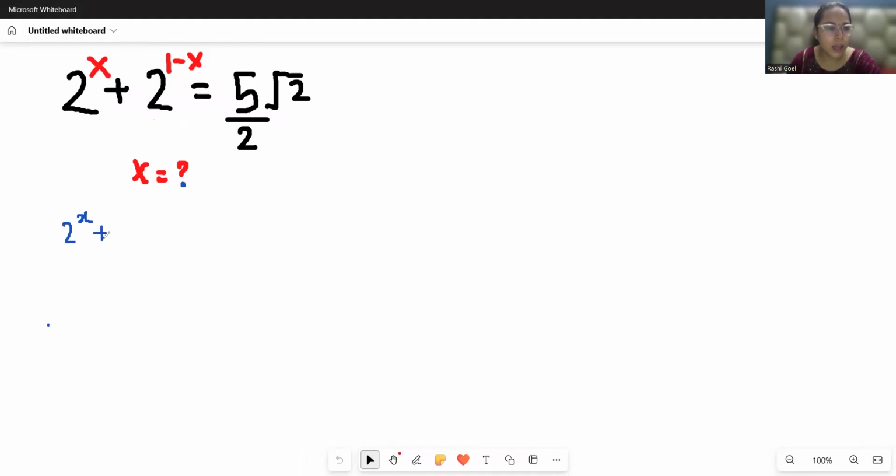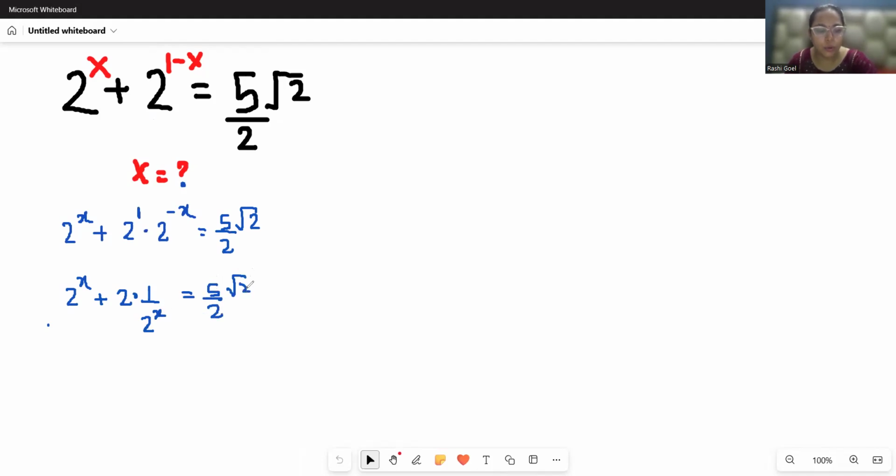So 2^x plus this 2^(1-x), I'm going to use the identity 2^(x-m) = 2^x times 2^(-m). So we can write it as 2^x + 2 times 1 over 2^x = 5 by 2√2.